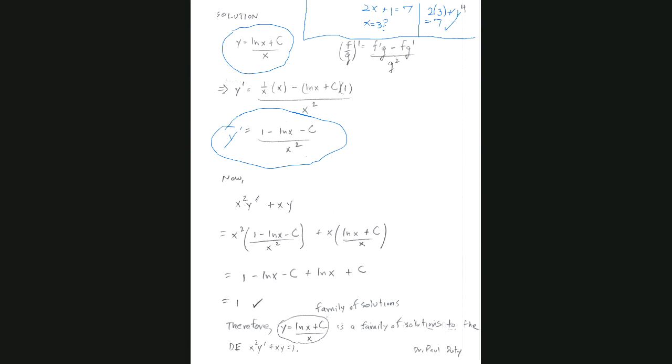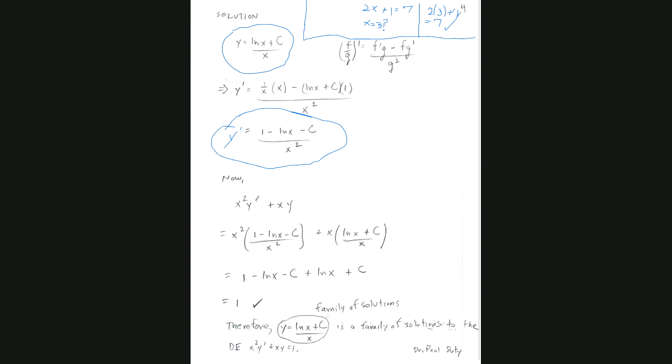So the left-hand side of the differential equation is x squared times y prime plus x times y. Well, I'm going to substitute in the y, and the y prime, the derivative that goes with my solution y. And I want to see if the left-hand side equals what.